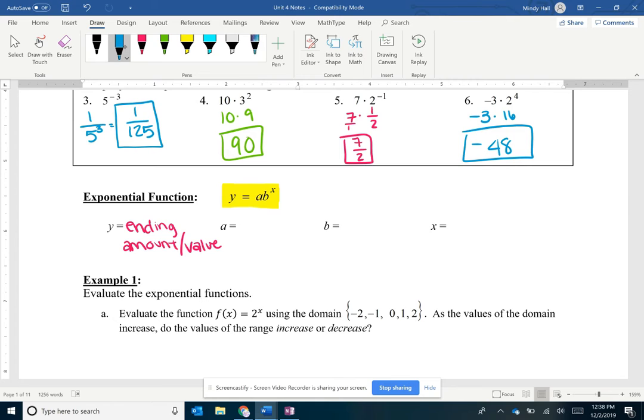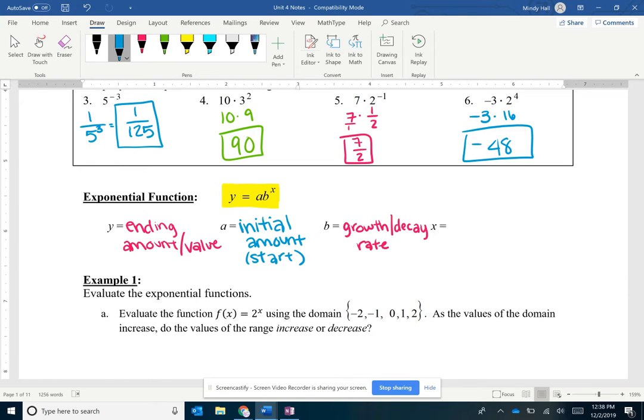A is the initial amount, or where you start. So then b is going to be your growth or decay rate. So if it's increasing by, let's say 50%, you'd have 150% or 1.5 there because you have that growth.